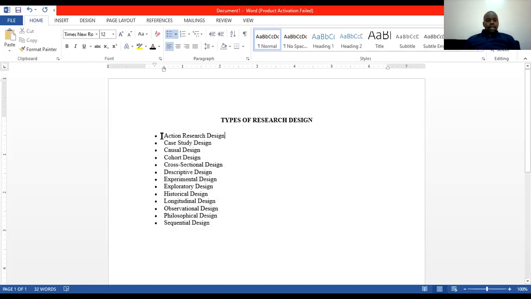Okay, there's action research design, case study design, causal design, cohort design, cross-sectional design, descriptive design, experimental design, exploratory design, historical design, longitudinal design, observational design, philosophical, and sequential design. I think I can number these so that they can know how many they are. So these are 13 kinds of designs.